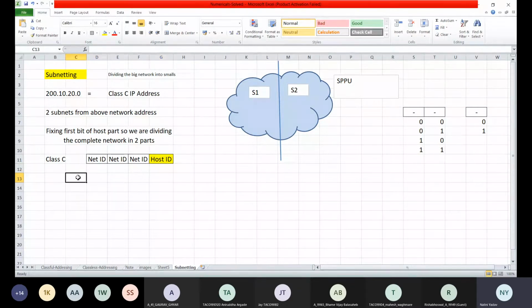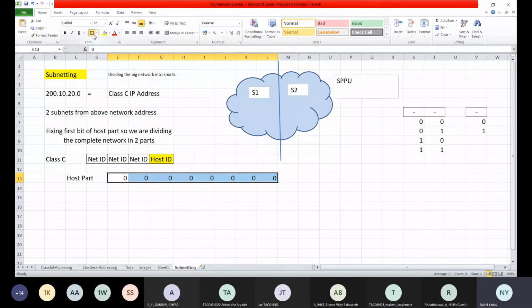So the host part will be 0,0,0 and so on. These are my eight positions of the host part, right? Out of these, the first position I will be fixing, and the remaining positions will be the variations.